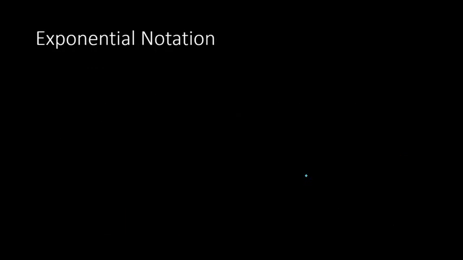Now, switching gears again, we want to discuss what we call exponential notation. So here we have an example of the number 2 multiplied 5 times. In exponential notation, we can write this more simply as 2 to the 5th power, where the base would be 2, it's a number that's being multiplied over and over again, and then your exponent would be, in this case, the 5.